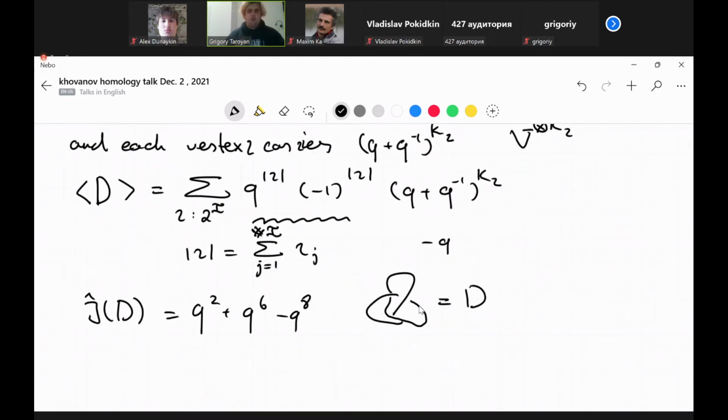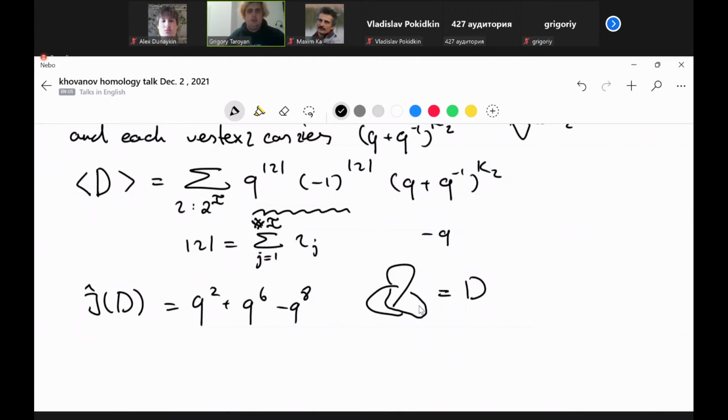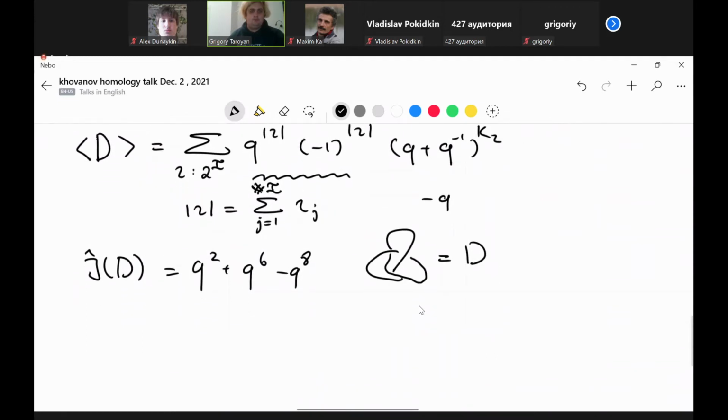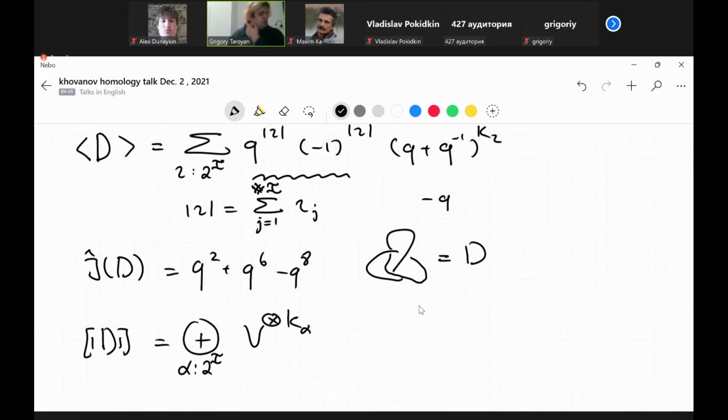Okay, and so to compute the Khovanov bracket, we do a very similar thing. We just take a direct sum of complexes of the form K_alpha to the tensor power k_alpha over all alpha in {0,1}^n, and then we just sprinkle some differentials on it and some shifts.